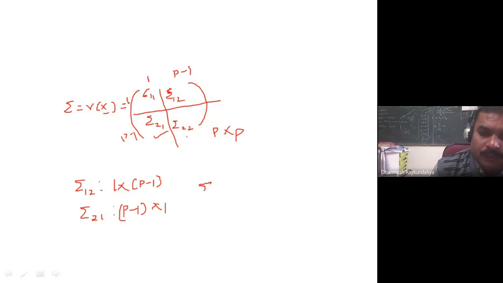And further, we know that sigma 1 2 transpose is nothing but sigma 2 1. So sigma 1 2 is the transpose of sigma 2 1. And what is the order of sigma 2 2? The order of sigma 2 2 is p minus 1 cross p minus 1.